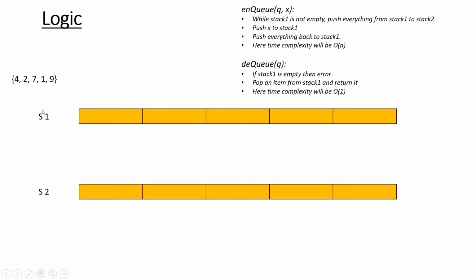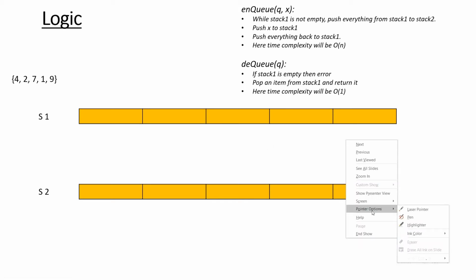Let me give a demonstration for this. Now suppose I have stack 1 here and stack 2 here. And as you can see, this can take 5 elements and this also can take 5 elements. So let me put elements into stack 1 and stack 2 using this process. Okay, let me first mark the indexes of this array.